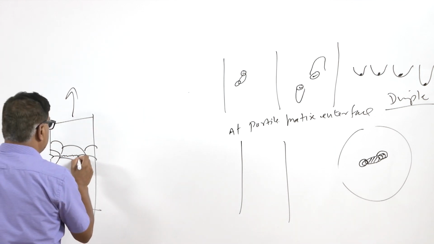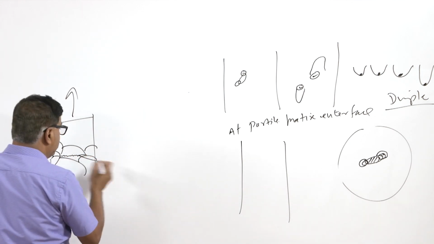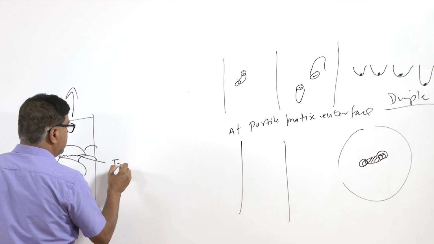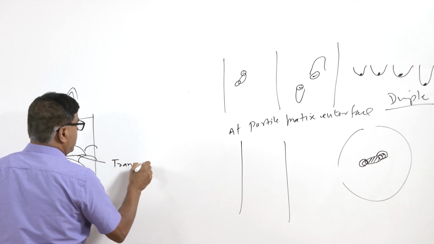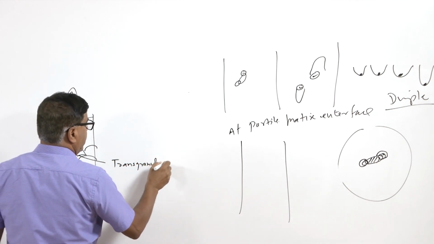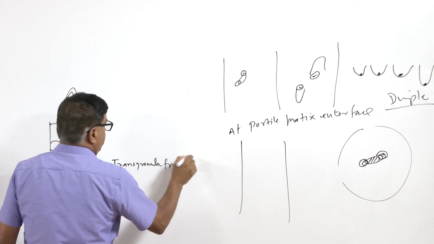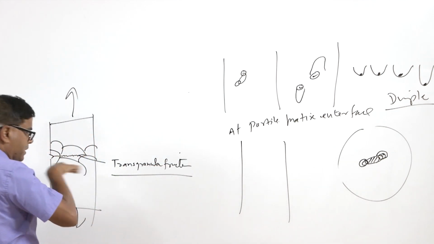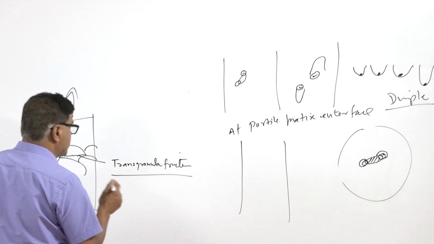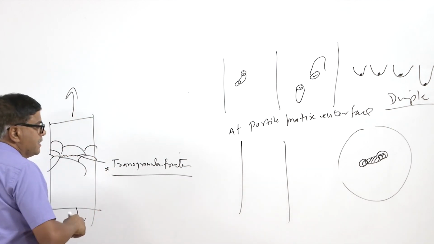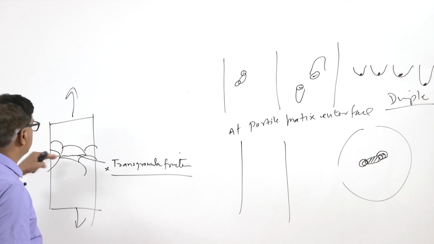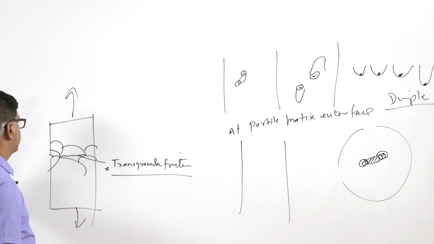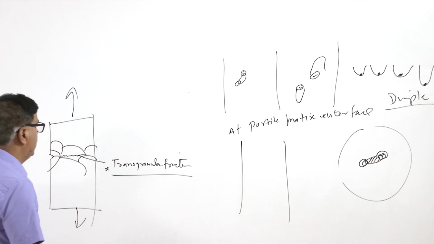This kind of fracture is known as transgranular fracture, where the crack grows across the grains, not the grain boundaries. In this situation mostly the crack grows perpendicular to the direction of the external loading.